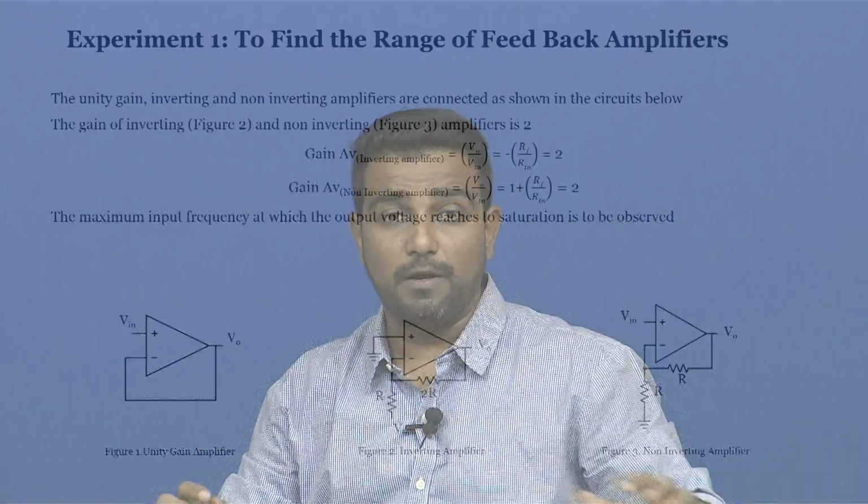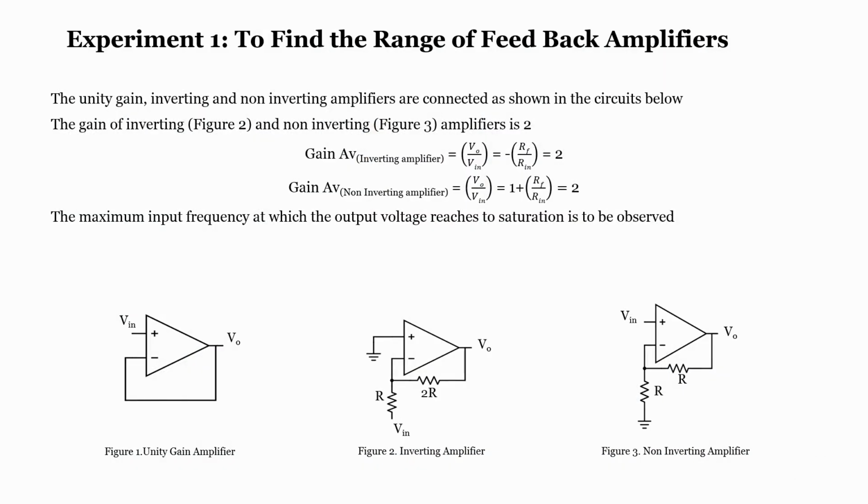So, let us see this particular module, and like I said, this module is focused on understanding the range of feedback amplifiers. Now, what do you mean by range? Let us see. If you see this particular circuit, this circuit is a unity gain amplifier. What is this circuit?